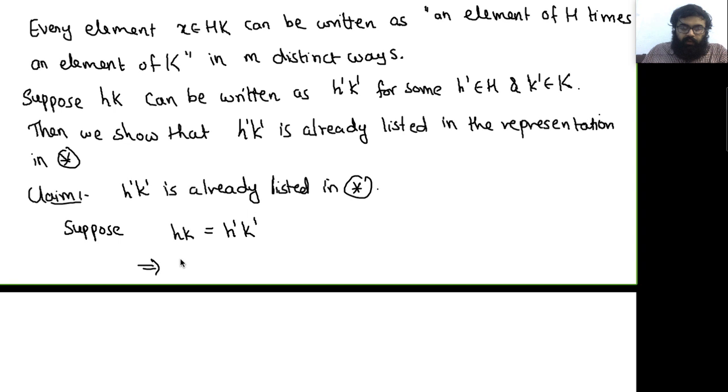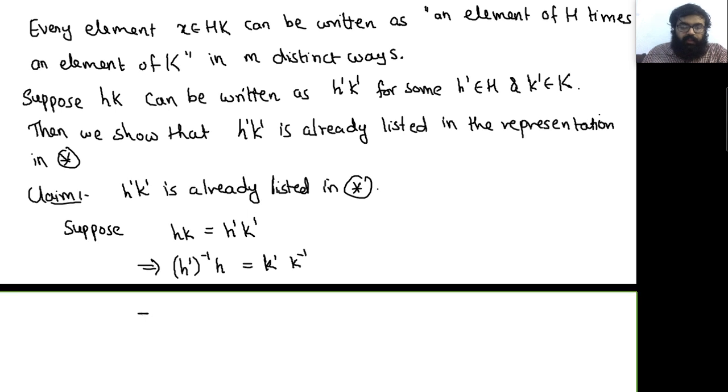When we multiply h dash inverse on the left, h dash inverse and h dash get cancelled out, and here we have h dash inverse h and then k. I'm applying one step at a time. I hope you are comfortable with this. And k inverse I multiply on the other side. So we have k dash and k inverse, right?